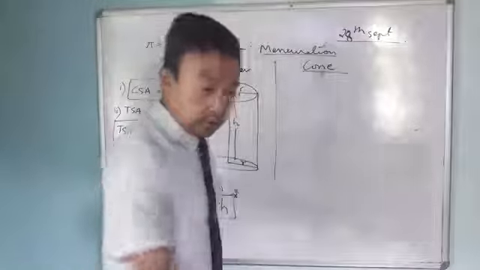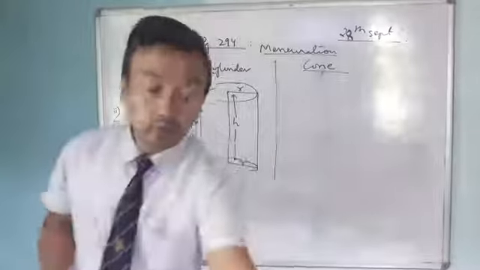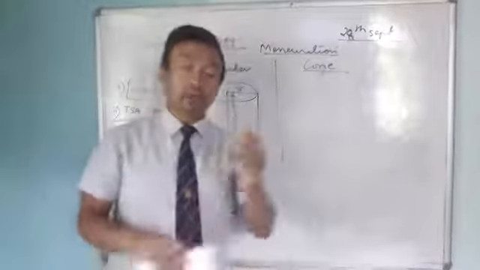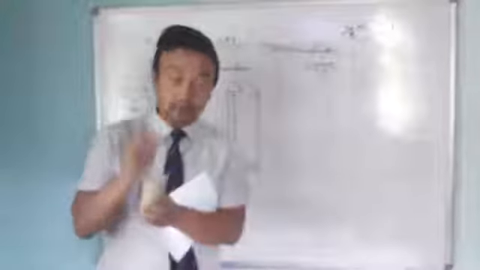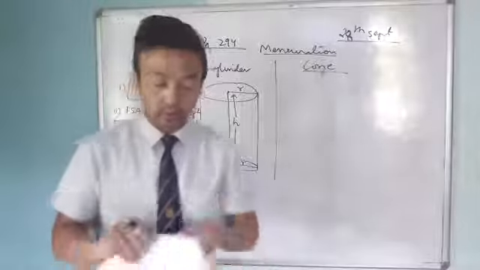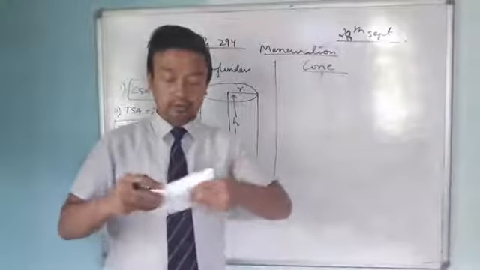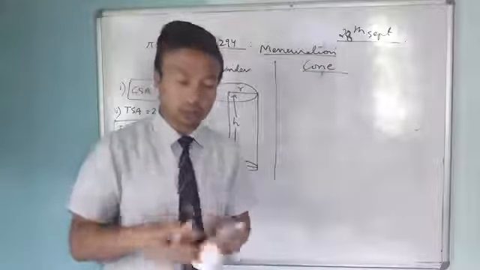For the cone, I did not find any object here. Basically, a cone is the same as a cylinder, only one of the circles is removed. It is slanting, so it is somewhat pointed. You have seen that birthday cap, that is somewhat similar to the cone. Okay, so this is a cone here.